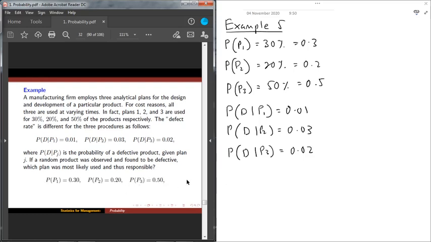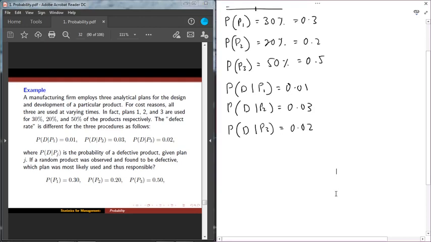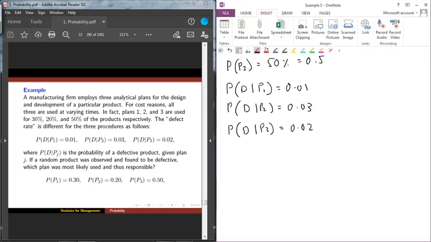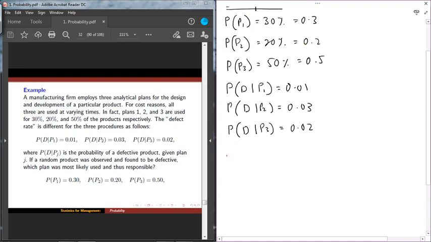Now we are going to find, if a product is defective, what is the probability that it is made by P1?